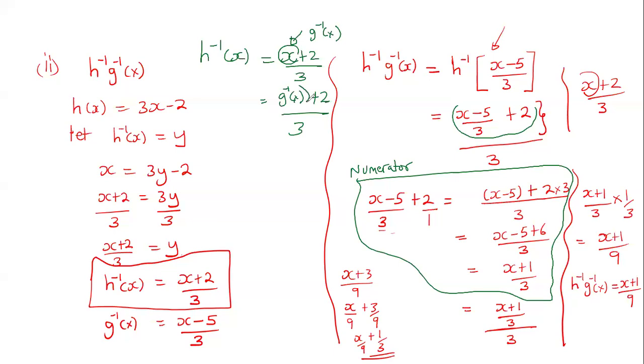So you carry the whole of G inverse, you put it in H where there is x. But our G inverse was this. So that's why we are carrying it as x minus 5 out of 3, the whole of it. Then we add on the 2 that was there, divide by 3. Okay. Thank you, sir. Okay.